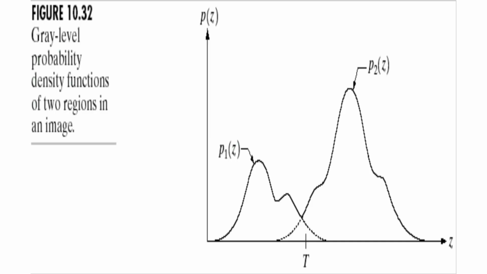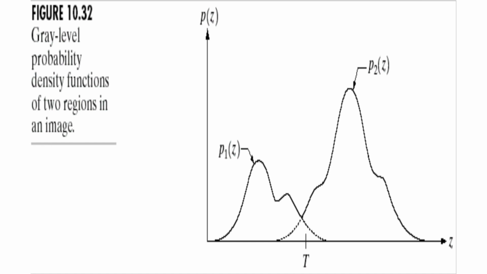Now here we can see in this figure the gray probability density function is clearly showing two points, P1(z) and P2(z). P1(z) clearly states the background, and P2(z) clearly states the foreground, because we have defined T as the threshold.